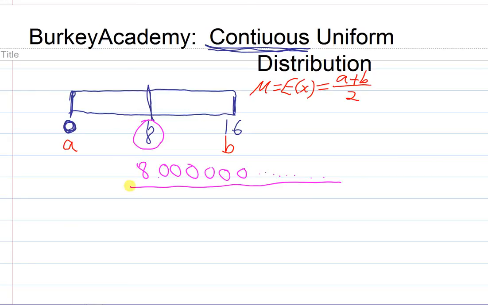What if the probability wasn't 0? What if the probability was some number, even as small a number as we can imagine? Let's suppose the probability that X equals 8 gallons exactly was 0.0000, something tiny, 1.